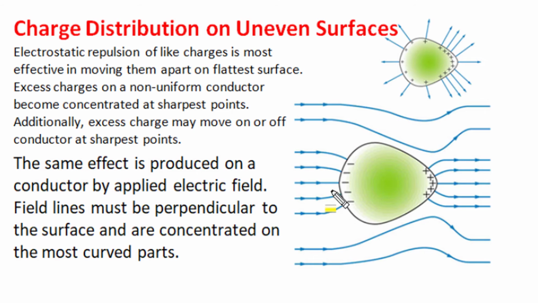The same effect is produced when such an uneven pear-shaped conductor surface is placed in an external electric field. By polarization or induction, the surface charge density becomes uneven and becomes stronger at sharp edges and smaller at flat or less curved positions.